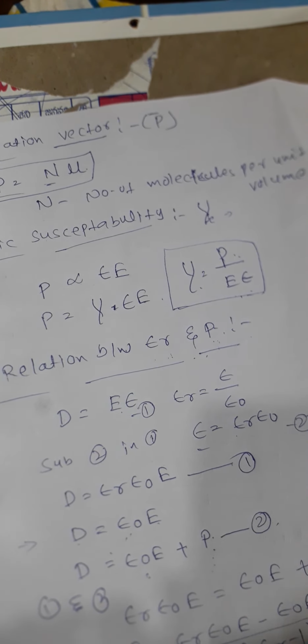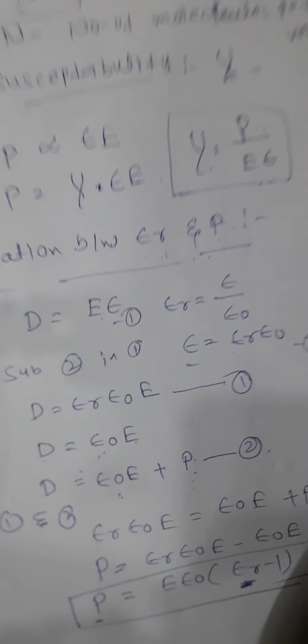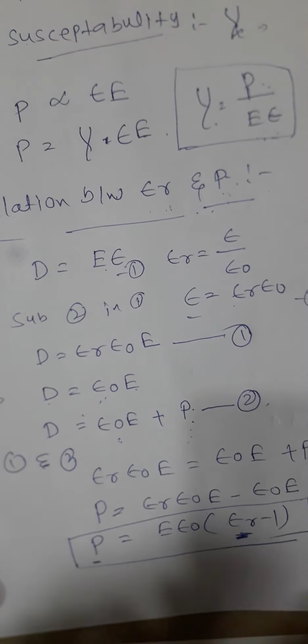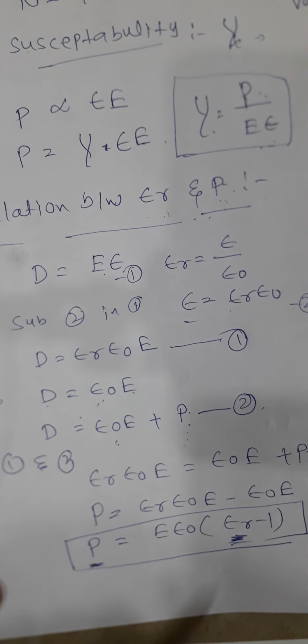This is the relation between the polarization vector and the dielectric constant. Very important relation; they ask it for 2 or 3 marks.